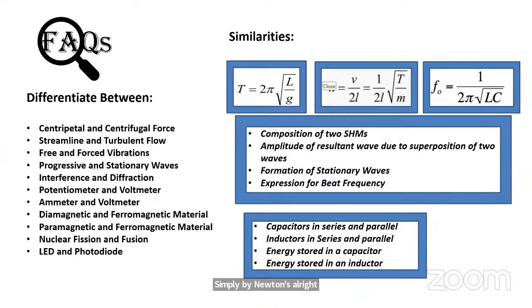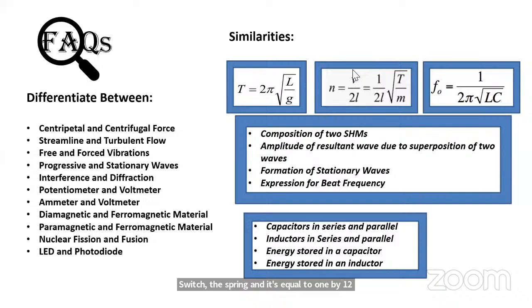What is the second formula about? What is the second formula? It is about the fundamental frequency of a stretched string, n is equal to 1 by 2L under root T upon m.